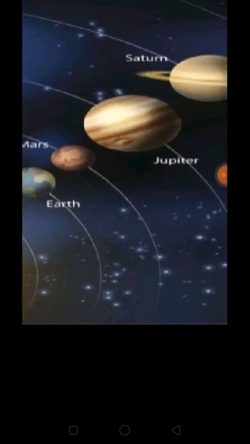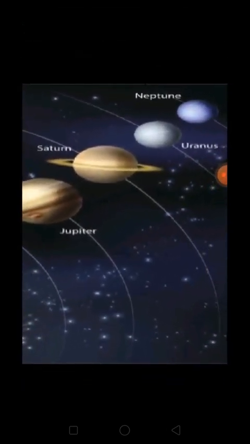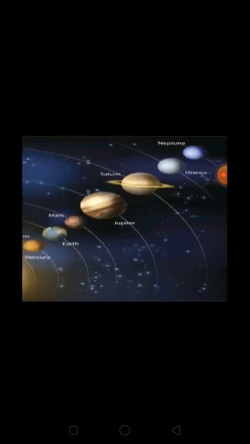These revolve quite close to the sun, and they have smaller orbits than the rest of the 4. The rest of the 4, that is Jupiter, Saturn, Uranus, and Neptune, are in the backside, and they have comparatively bigger orbits to move around the sun.